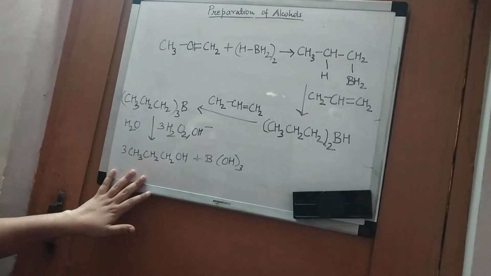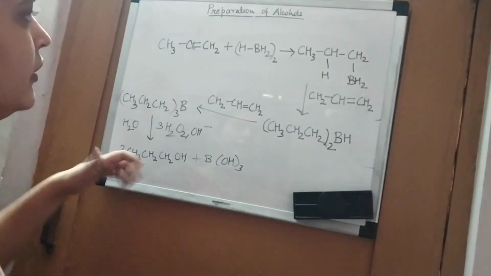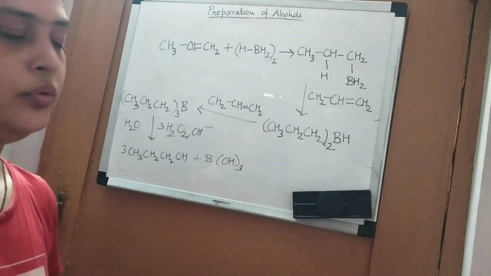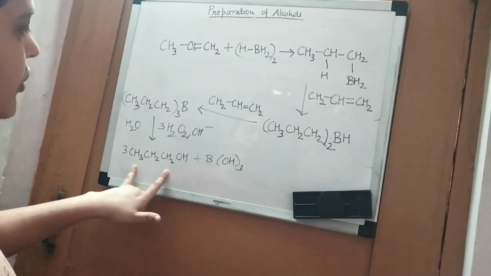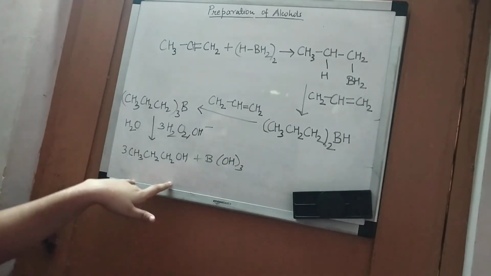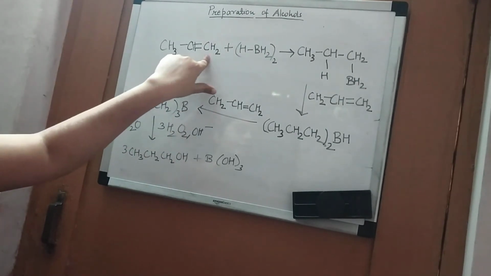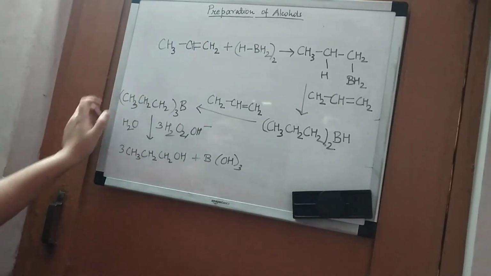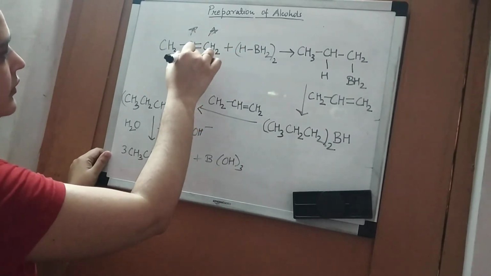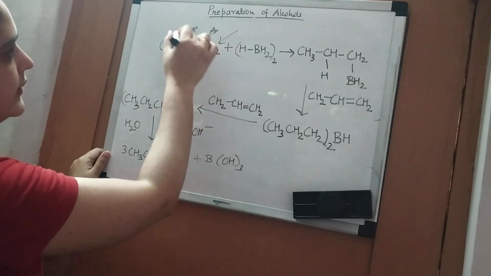So one thing to note here, that the previous method, the acid catalyzed method, was according to Markovnikov rule, but here when you see the product, it is according to anti-Markovnikov rule. Why? Because the OH negative has attached to the carbon atom which has more number of hydrogen atoms. These are the two carbon atoms available. This has more number of hydrogen atoms and this has less.